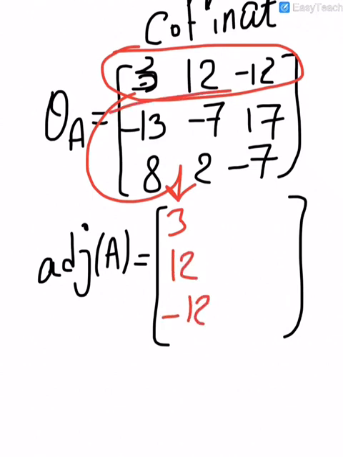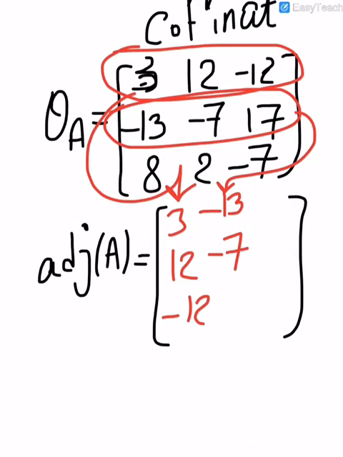Now we do it for the second row as well and write it as the second column: minus 13, minus 7, and 17. And the last column here is 8, 2, and minus 7. So this is the adjoint matrix. Very simple. If you have the cofactor matrix, you can just easily do the transposition and find the adjoint matrix.